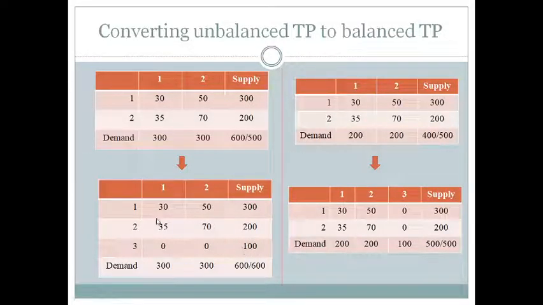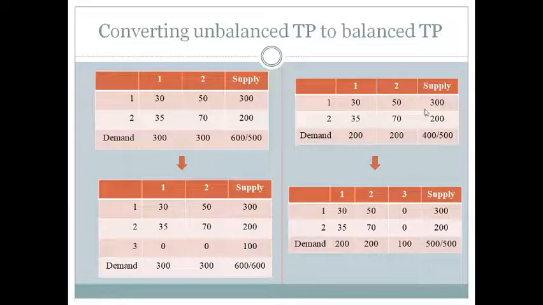To make the unbalanced problem balanced, we add this supply value, but the cost involved for this dummy is 0. Now this has become a balanced TP, because we have 600 equal to 600, demand equal to supply.